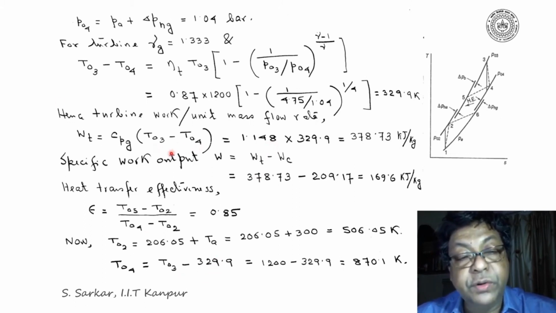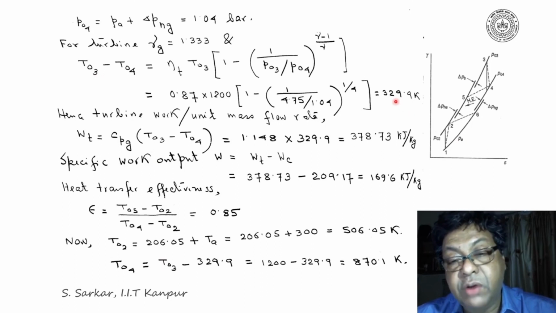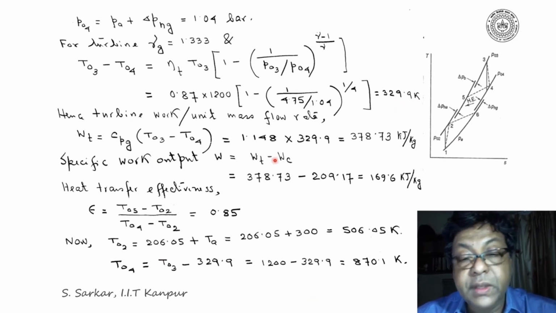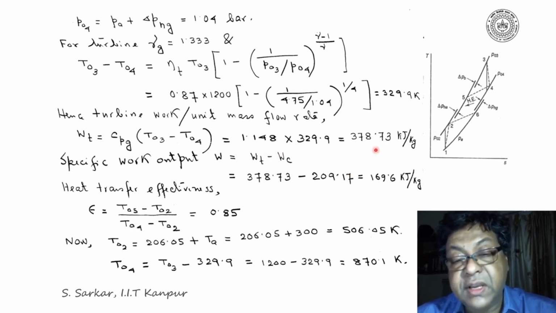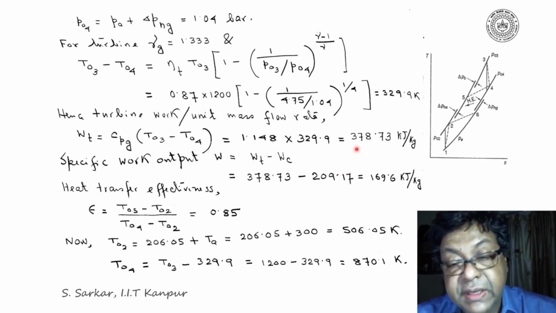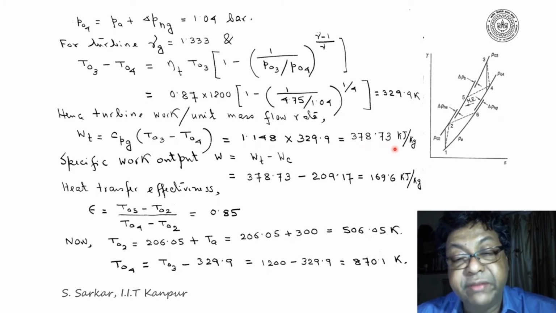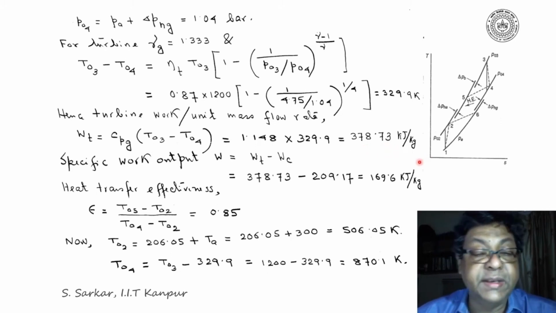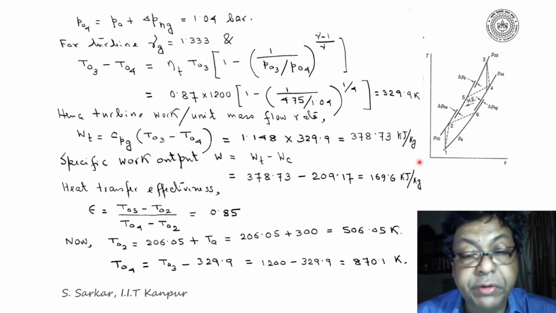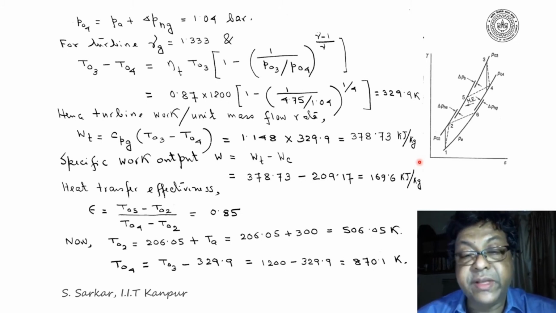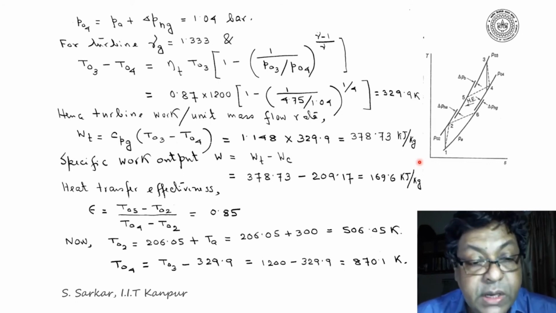T03 minus T04 I have just calculated now as 329.9 K. If you do that multiplication, you will get 378.73 kilojoule per kg. Thus, I have evaluated turbine work as 378.73 kilojoule per kg.